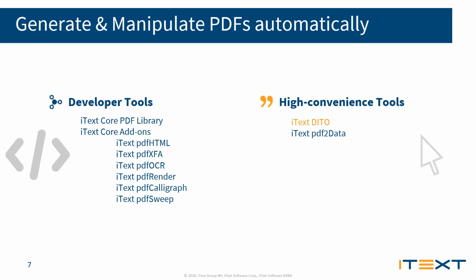You can turn a PDF into an image. You can support script-based languages in a PDF. You can redact a PDF to get to sensitive content and sweep that from the PDF. So all of these things are possible using our developer tools, our core library with all of its add-ons.